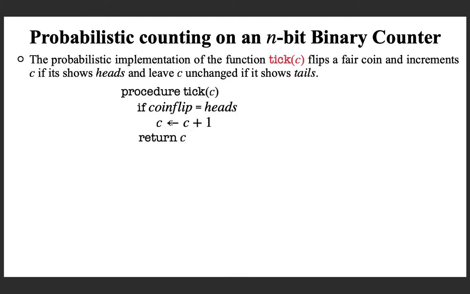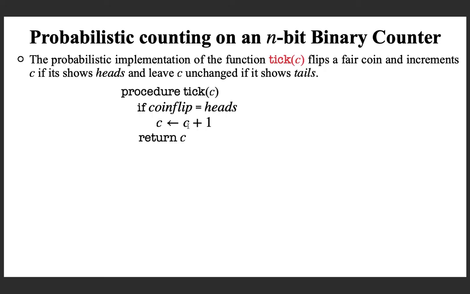Recall that coin flip is a basic probabilistic procedure that we discussed. It will return either heads or tails uniformly at random. If it shows heads, increment, otherwise don't increment.